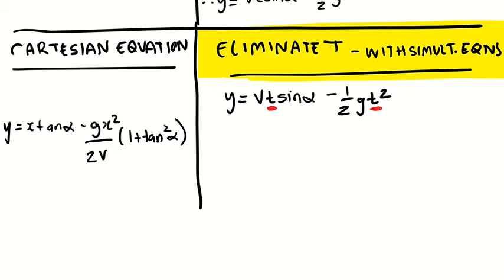Okay, think back. Yes, there is. We proved it just before this. In terms of x and t, if I rearrange this, I can write t in the form x over v cos alpha. Okay, so now let's use that.